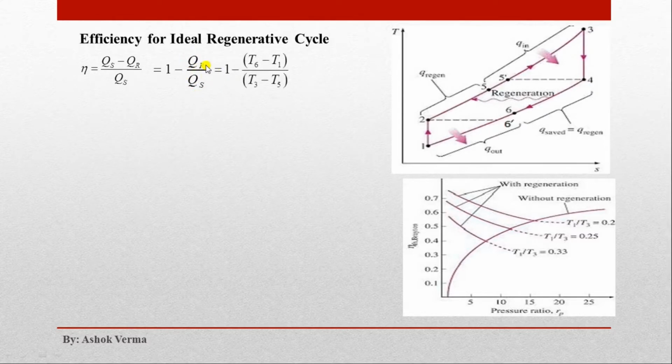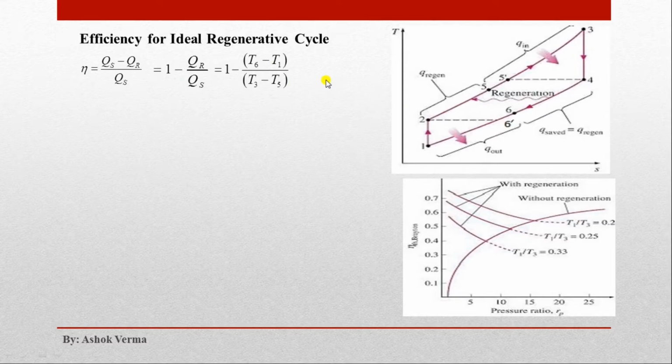So what are we supplying here? If you are using the regenerator, then you have to reject the heat from 6 to 1, because from 4 to 6 you are utilizing this heat for increasing the temperature here. So you have to supply the heat from 5 to 3 and you have to reject the heat from 6 to 1.